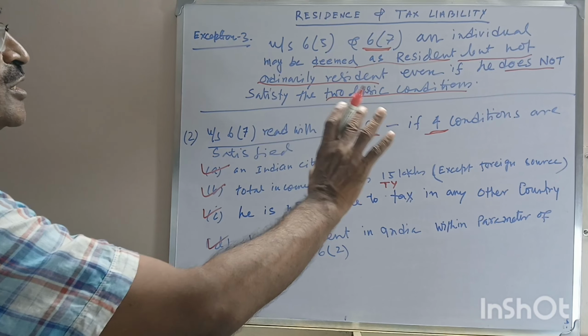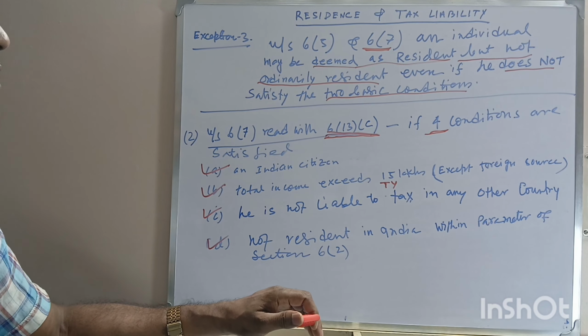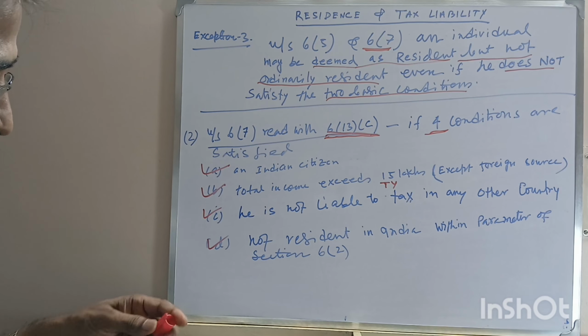If these four conditions are satisfied, then that individual will be treated as a resident but not ordinarily resident.